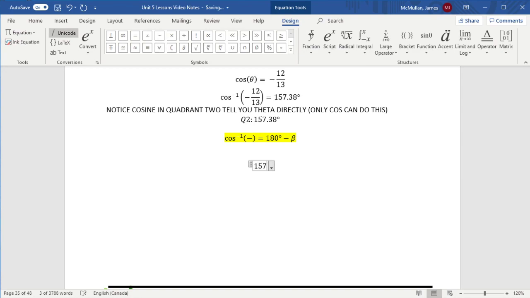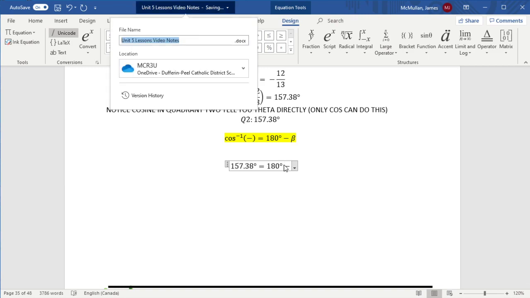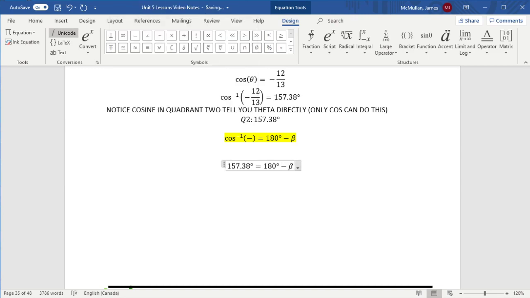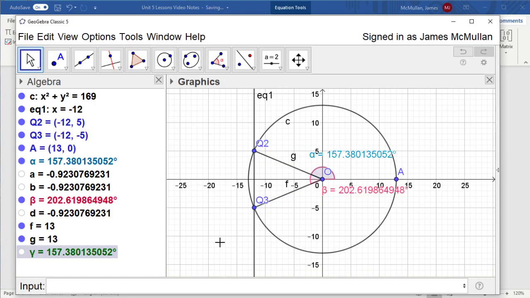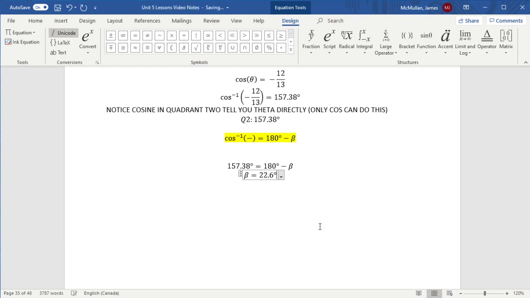So my 157.38 degrees is 180 minus beta. Now, why do I want to do this if I already know the answer? Because I want to move the answer into quadrant 3. If I rearrange this equation, beta is 180 minus 157.38, which is 22.62.